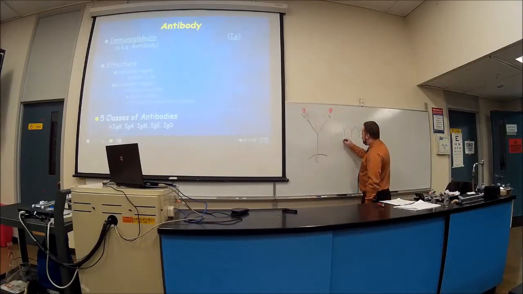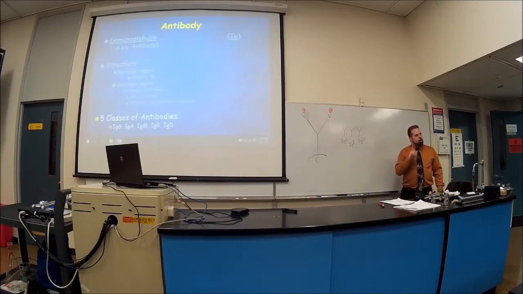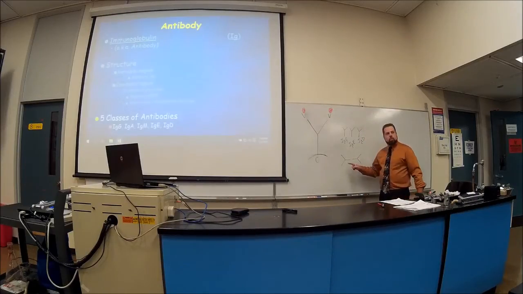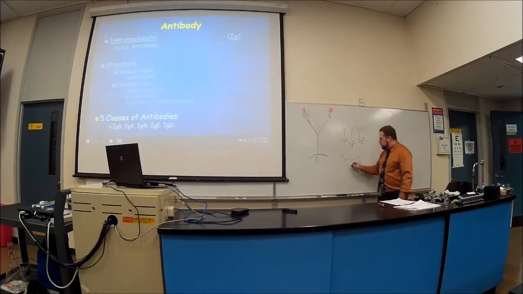So this could be IgG, this could be IgE, or IgD. They are only one Y. IgA is what we call a dimer, and they come together like this, made up of 2 Y structures. This would be IgA.